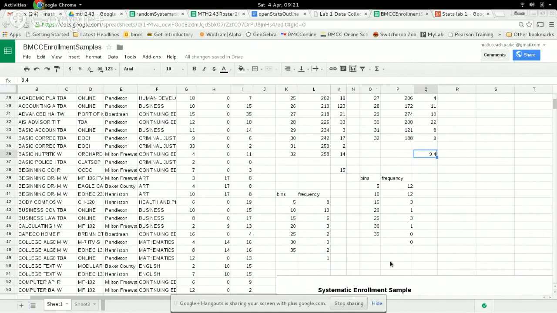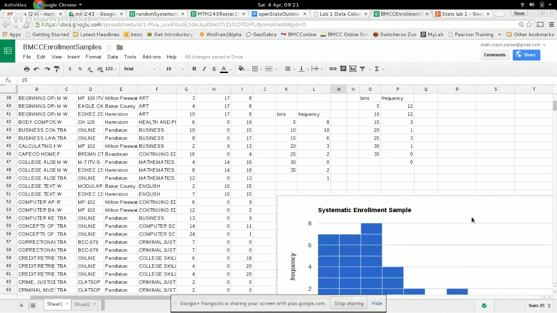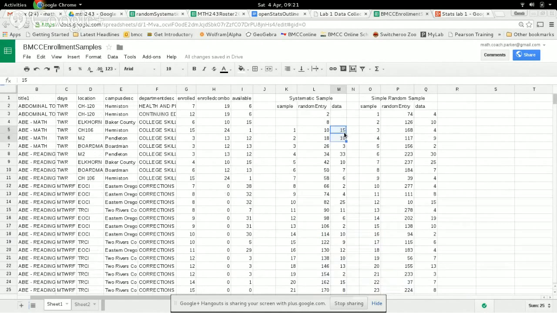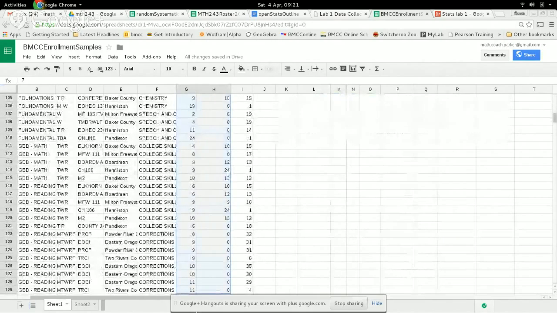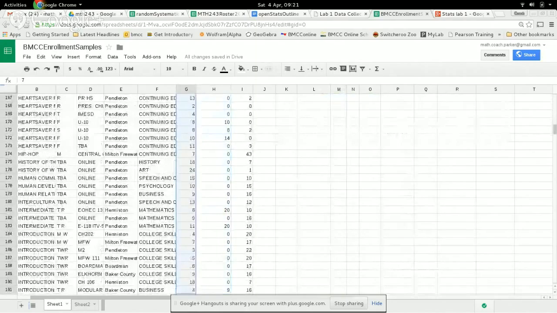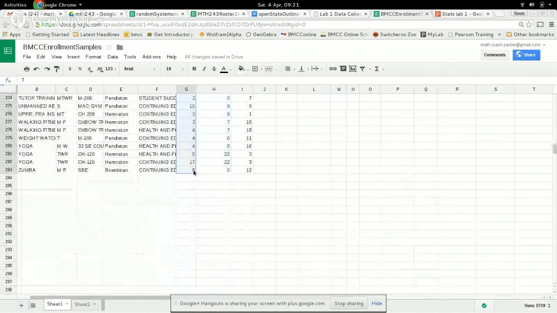By the way, Google is very good at making histograms. To make a histogram here, I don't have to do that frequency table, which is kind of complicated to make. I can just highlight any particular numbers I want, like maybe the enrollment from the original data set, and then I just say, Google, make me a chart.